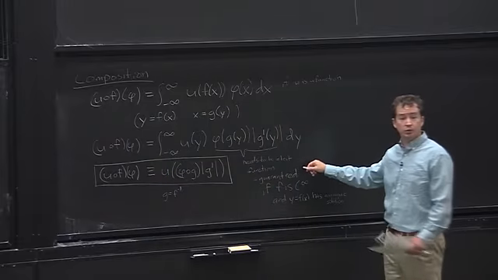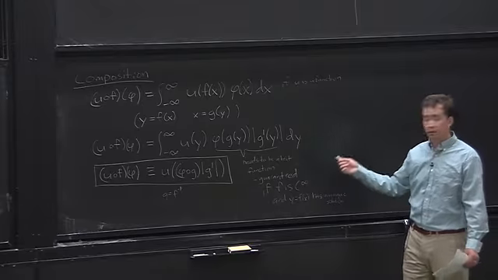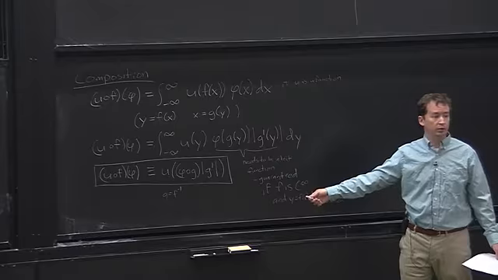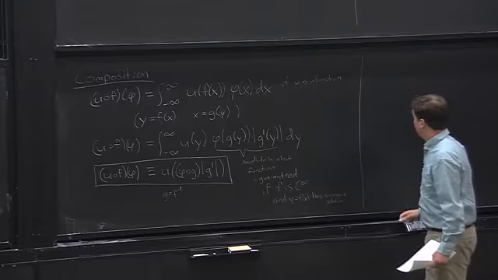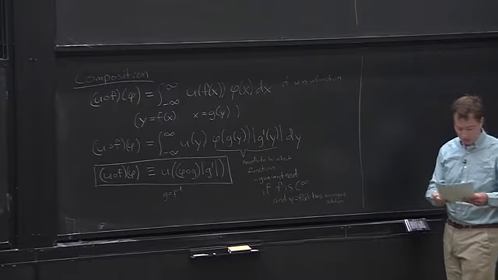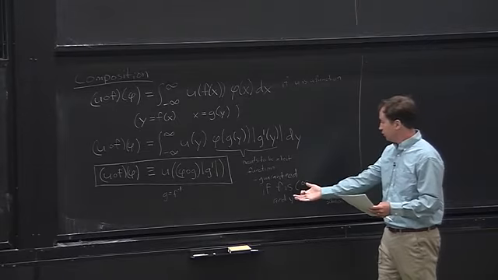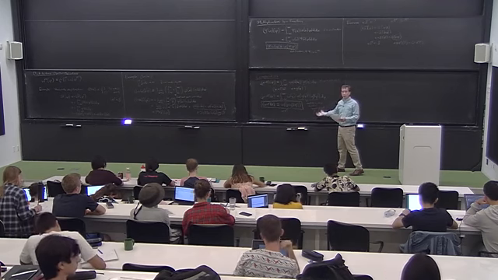It's sometimes possible to weaken this condition depending on the distribution u, and because the most important distribution is the Dirac delta, for the Dirac delta we can weaken this condition.